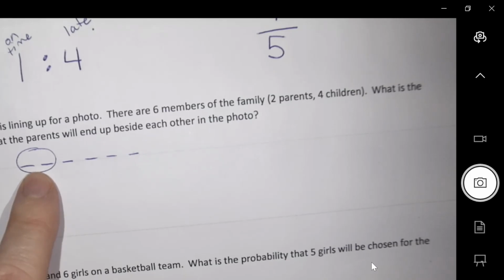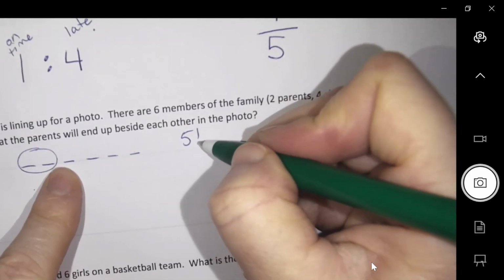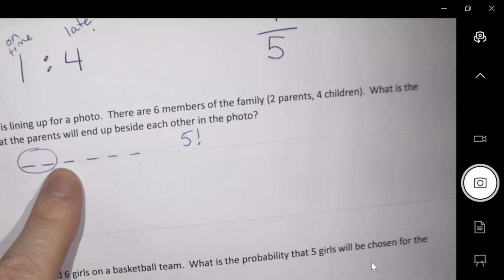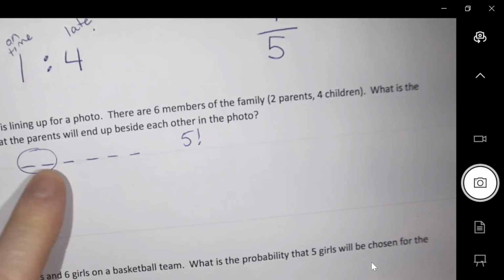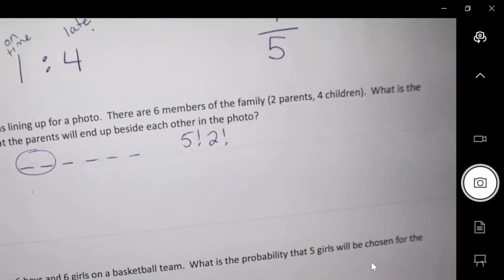How many units would I move around? Because they are considered 1 unit now. So I'm going to move 5 units around. And then what could the parents do within the unit? They could flip-flop.